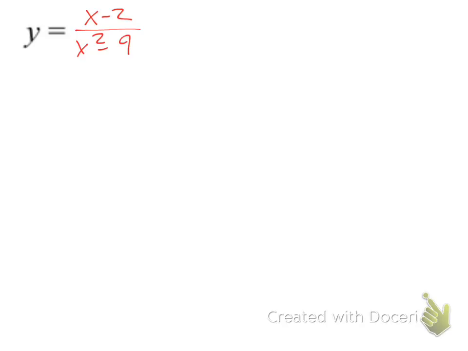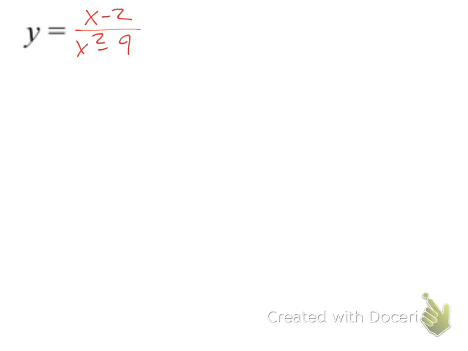Bottom degree is 2. The bottom's bigger than the top, so we still have a horizontal asymptote at 0. Still staying within our means here. I'm also going to pause the video on this one. We'll come back to work on it, but I want you to try this one on your own. This one will make you find an x and y intercept by setting the top and bottom and all of those things equal to 0.